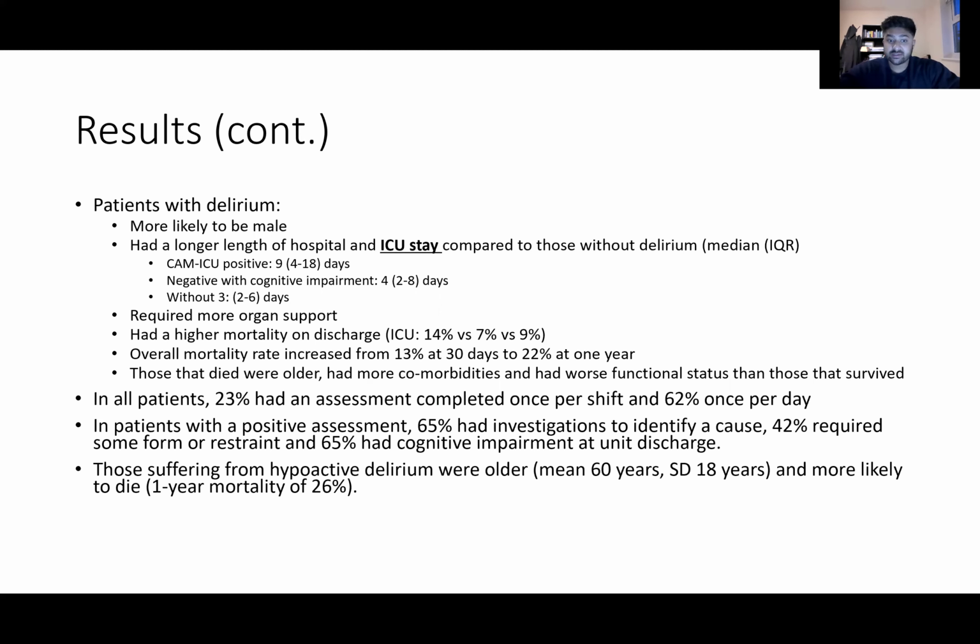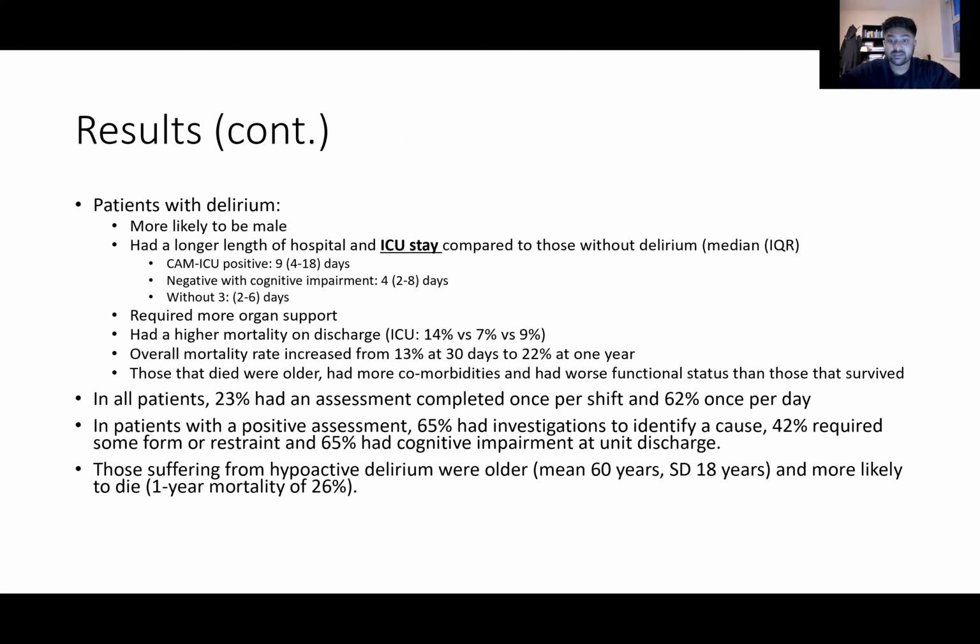In terms of compliance, only 23% had an assessment completed once per shift, i.e. twice a day, and 62% had once per day. And in patients that had a positive assessment, 65% of the cases had investigations to identify a cause, and 42% required some form of restraint, and 65% of these patients had cognitive impairment at discharge from ICU.